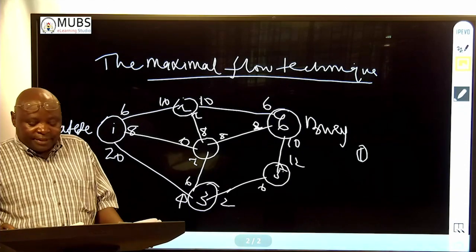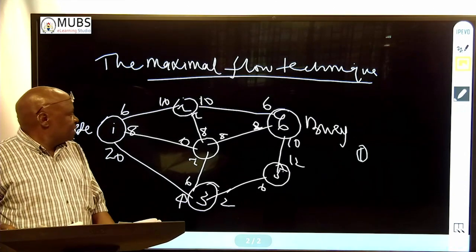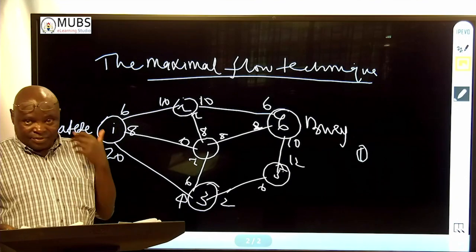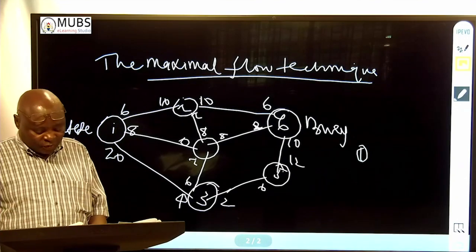Two, the maximum number of cars that can be allowed to flow from Bweyogerere to Natete within 1 hour. That is the reverse direction.